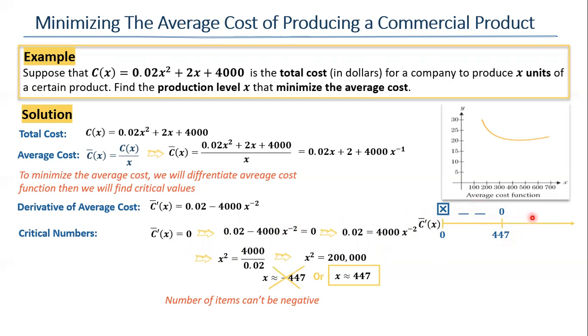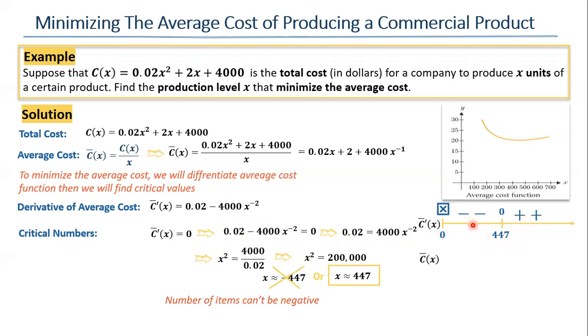Choose on the other side a number greater than 447, like 500, and substitute into C prime. We'll get a positive number.